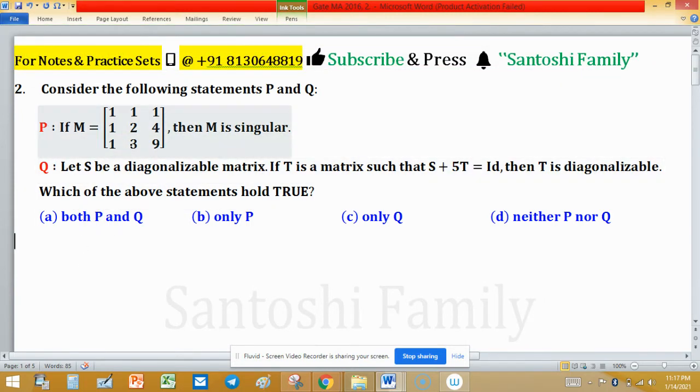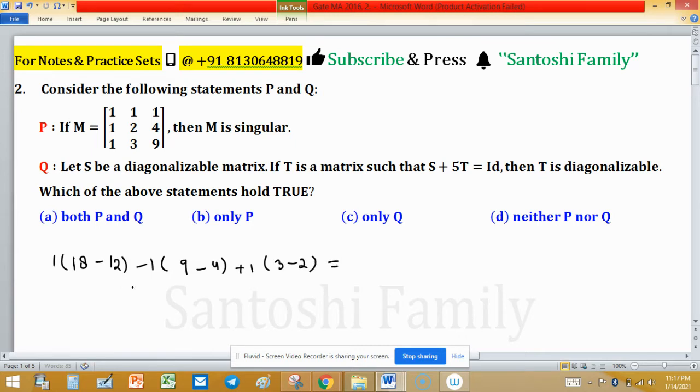So the determinant, along the first row: 1 times (9 times 2 is 18, minus 3 times 4 is 12), minus 1 times (9 minus 4), and plus 1 times (3 minus 2).